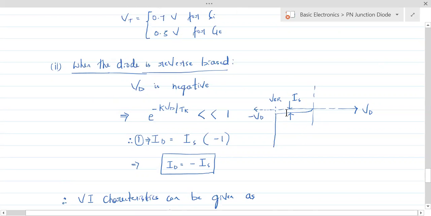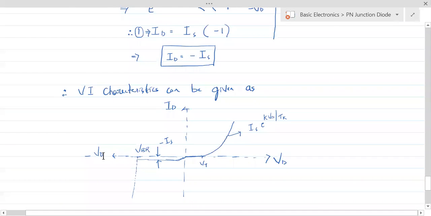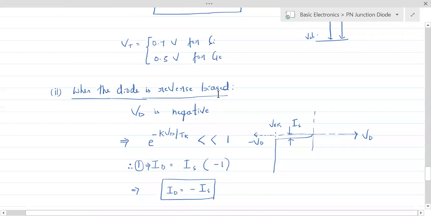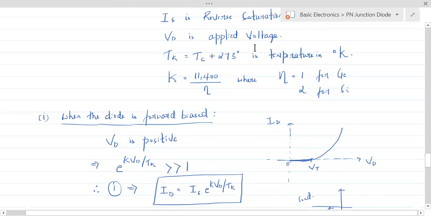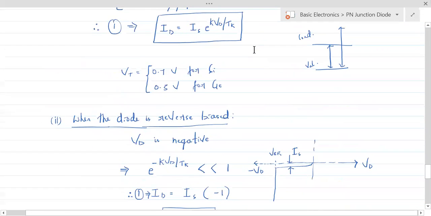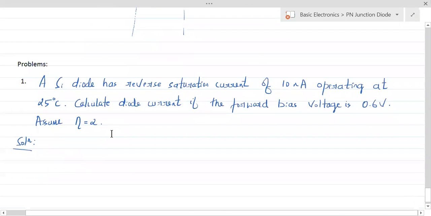But once the reverse bias voltage reaches a voltage called the breakdown voltage, breakdown occurs. So we have obtained the VI characteristic considering this diode equation. Now, considering the same equation, we have to find the diode current asked in this particular problem.